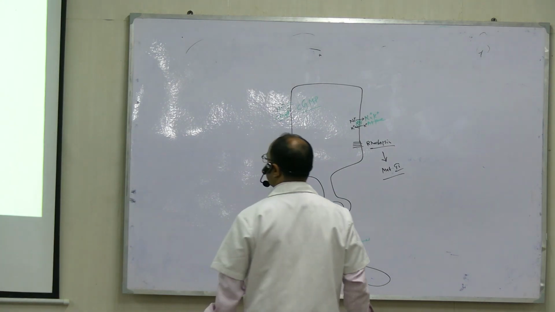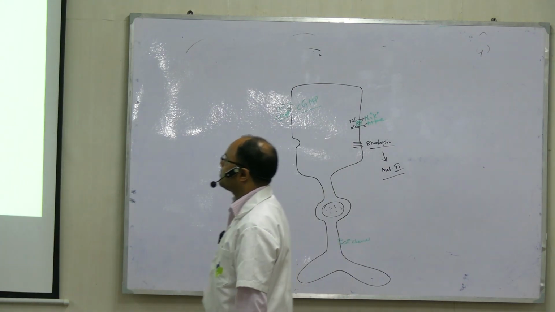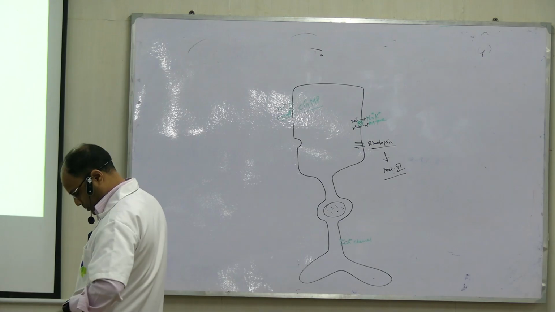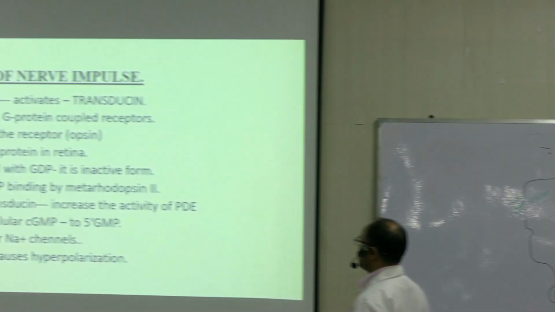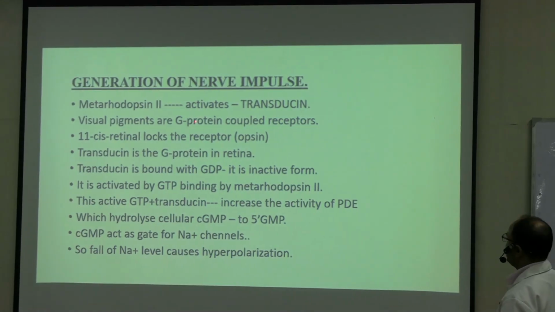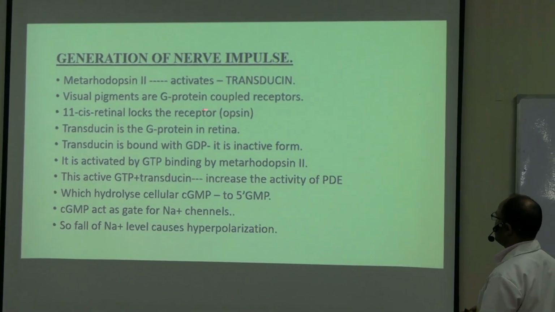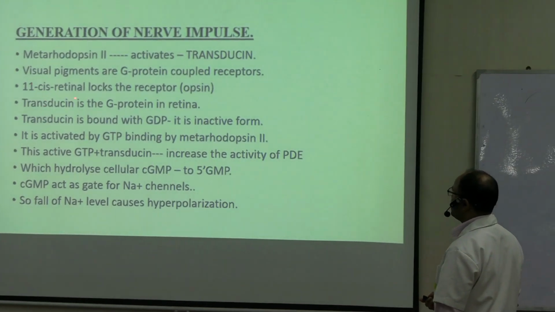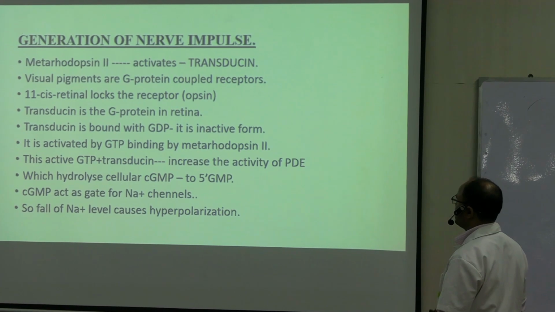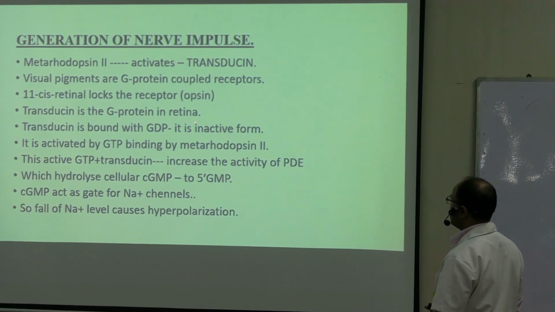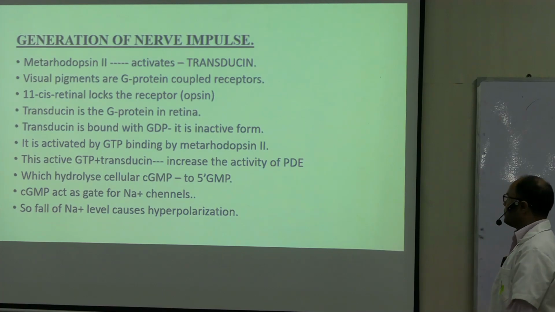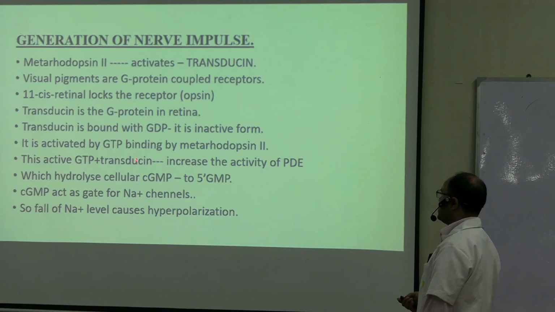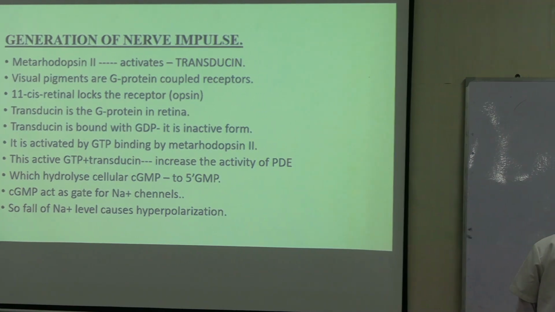Once G protein is activated, say metarhodopsin 2 activates transducin. Visual pigment has G protein coupled receptors. 11 cis retinal locks the receptor. Transducin is the G protein in retina, as I told earlier. Transducin is bound to GDP, it is the inactive form. How is it activated? It is activated by GTP binding, by metarhodopsin 2.